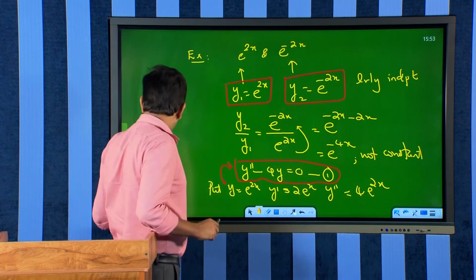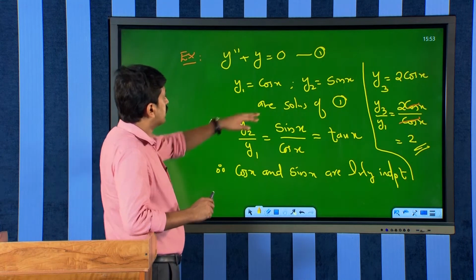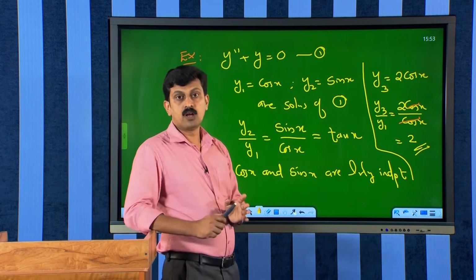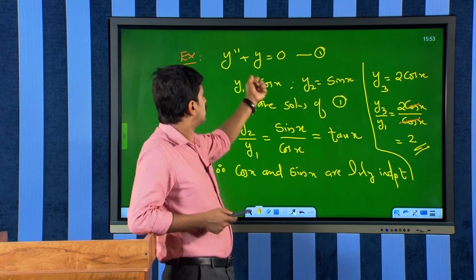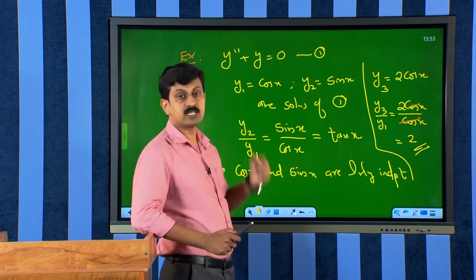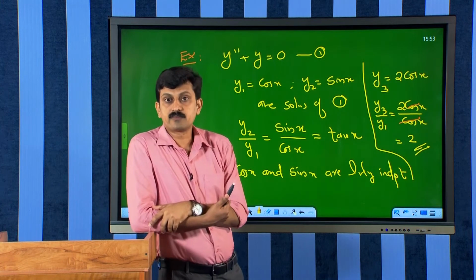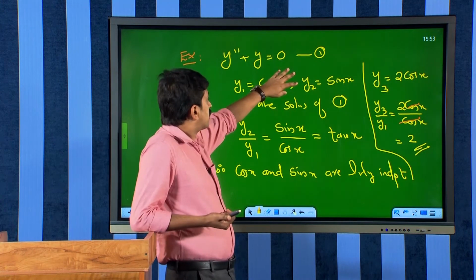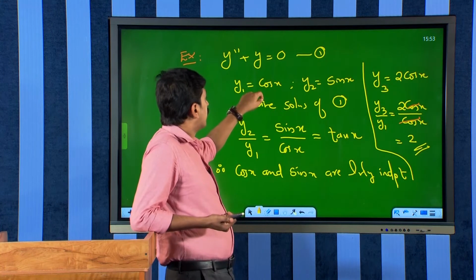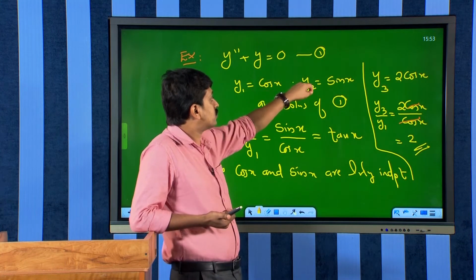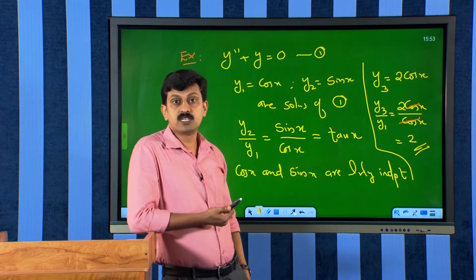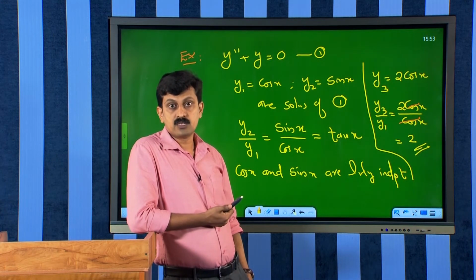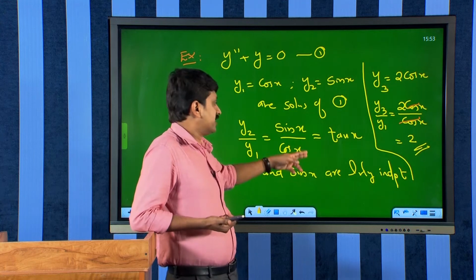Similarly, I can say y1 is equal to cos x and y2 is equal to sin x. By the fundamental theorem, these are solutions of this homogeneous linear differential equation, so y is equal to c1 cos x plus c2 sin x is also a solution, and they are linearly independent.